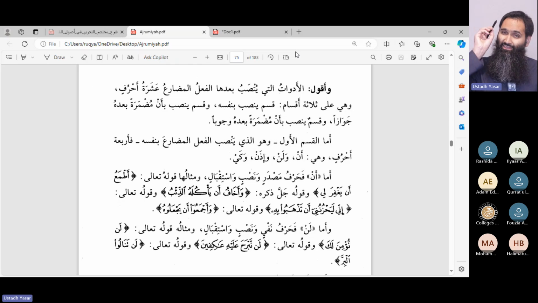But is it those very letters that make the fi'l mudari mansoob by themselves? No. They have the help of an. An comes after them, but it's hidden, it's omitted. But it is that an that is hidden that is actually, in actuality, making the fi'l mudari mansoob.